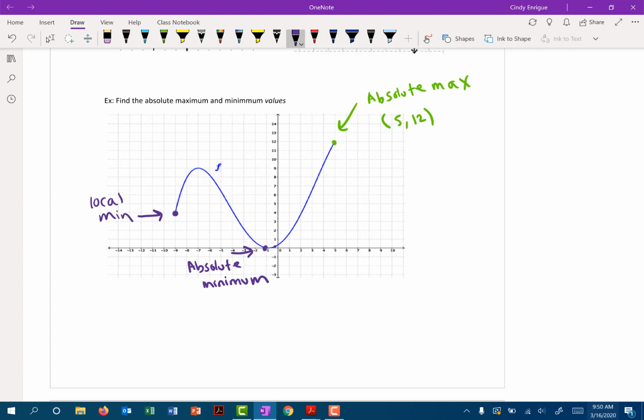But that's not what the question is asking us. They specifically want for the absolute minimum. So you're just like, okay, well that point in particular, the x value is -1 and the y value is 0. So that's going to represent my absolute minimum. So looking at this graph, I have pointed out the absolute max and the absolute minimum.